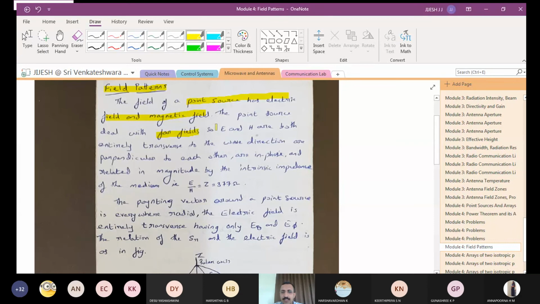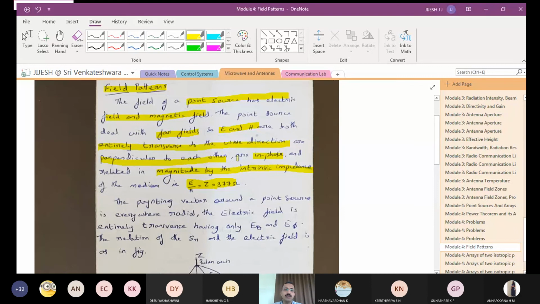So E and H, electric and magnetic, are both entirely transverse to the wave direction and are perpendicular to each other, in phase, and related in magnitude by the intrinsic impedance of the medium. We know that E by H, which you call Z, is the known value of 377 ohms.